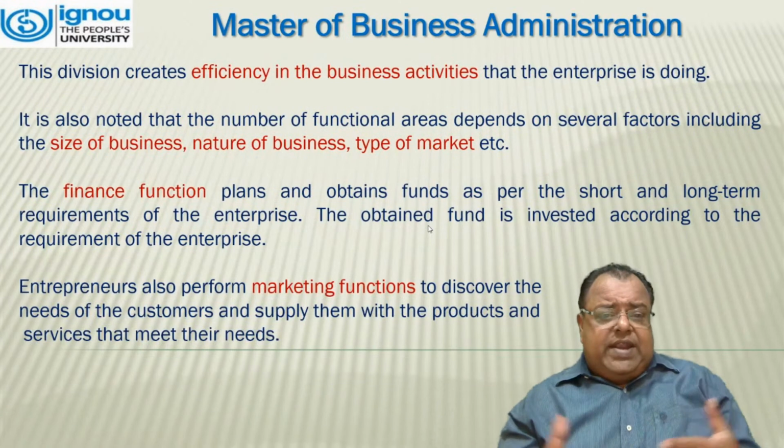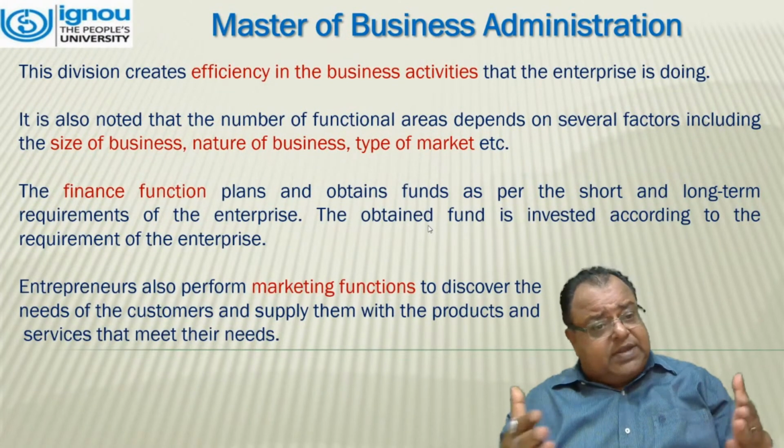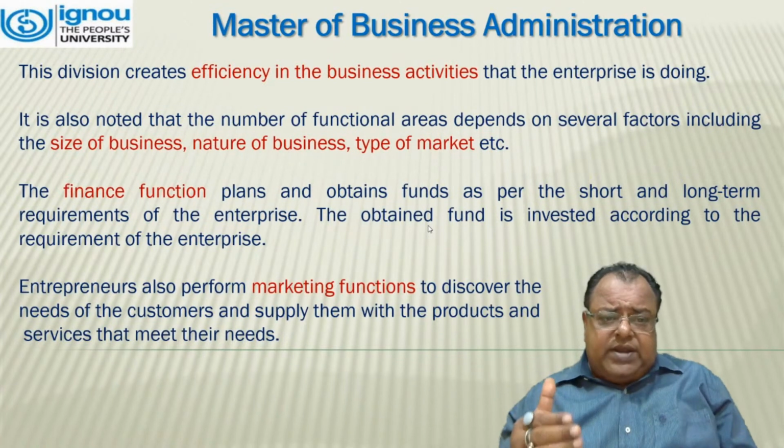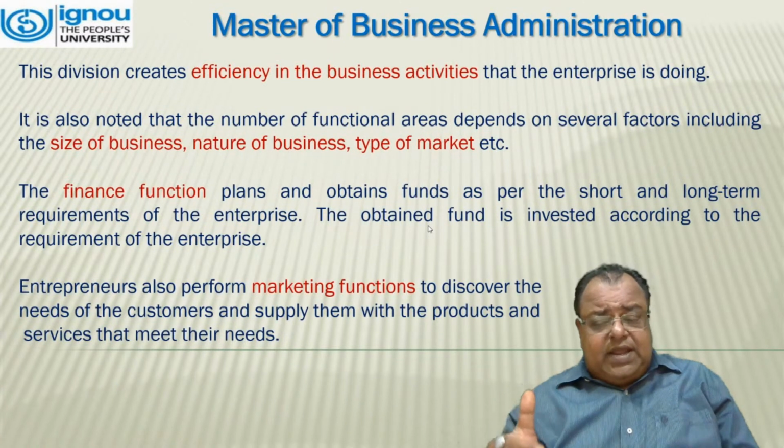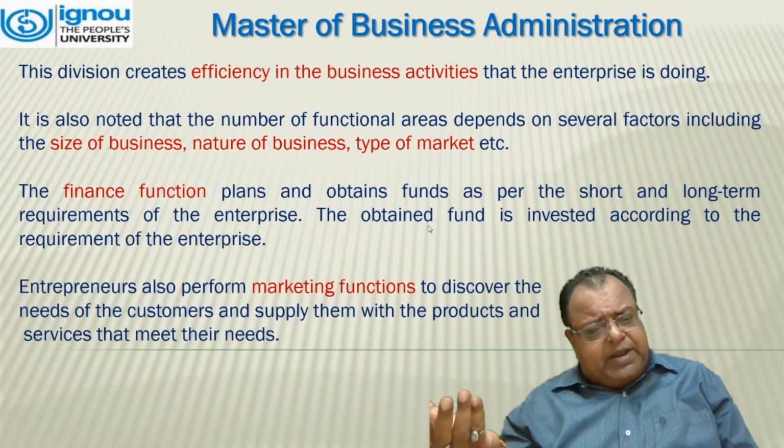This division creates efficiency in the business activities that the enterprise is doing. It is also noted that the number of functional areas depends on several factors, including the size of business, nature of business, and the type of market, and many more.